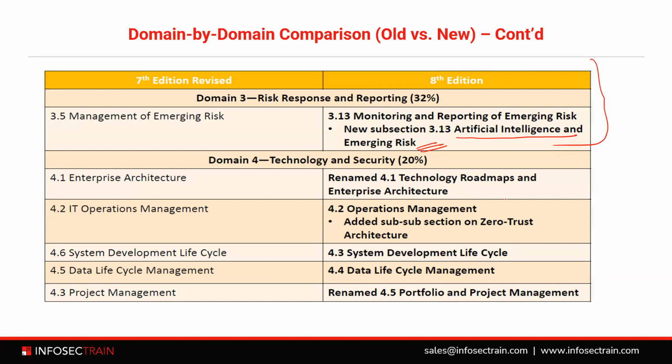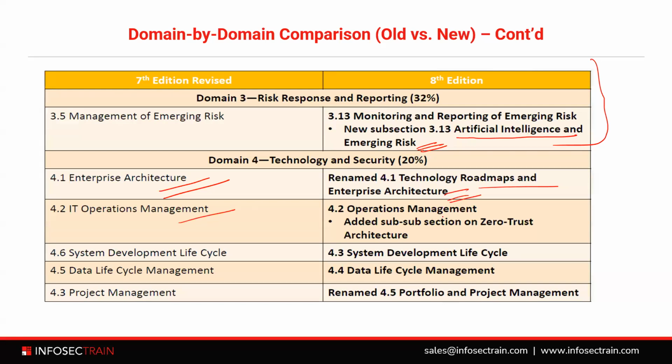Now the final domain, which is Domain 4, technology and security. Earlier, the section name was 4.1, enterprise architecture or EA. Now it has been renamed to technology roadmaps and enterprise architecture. 4.2, IT operations management.